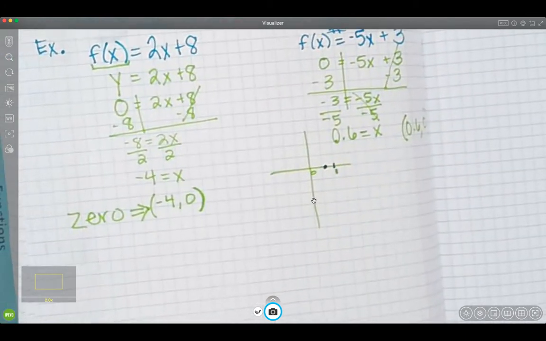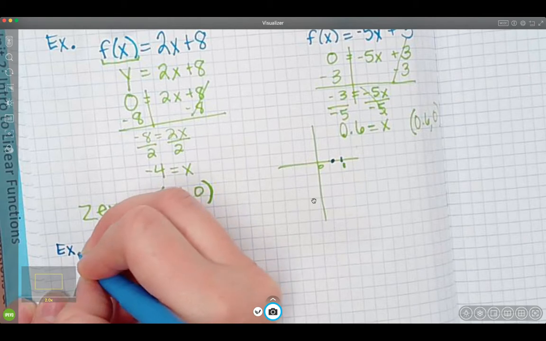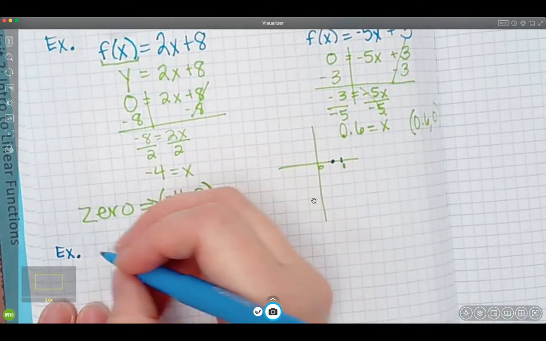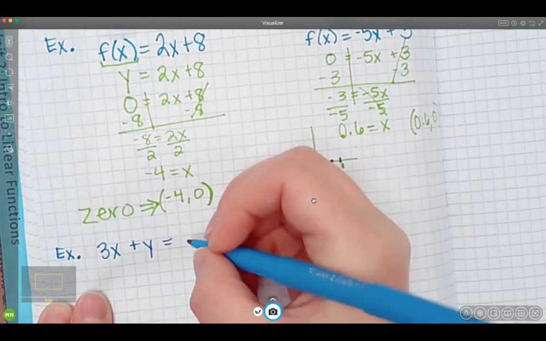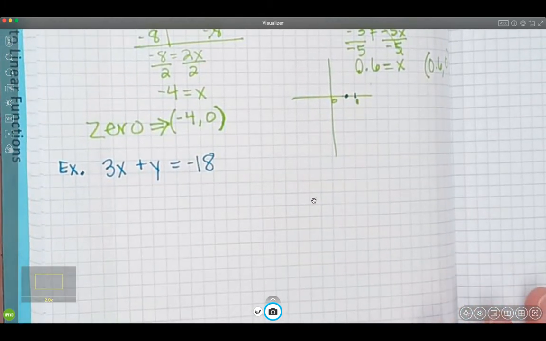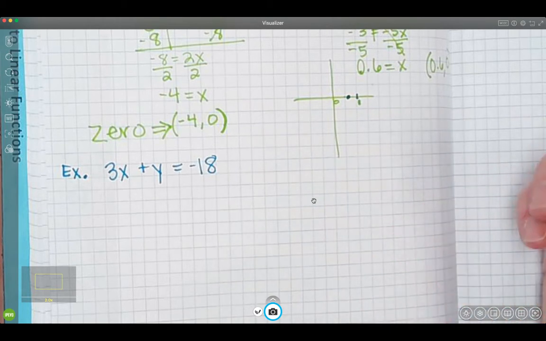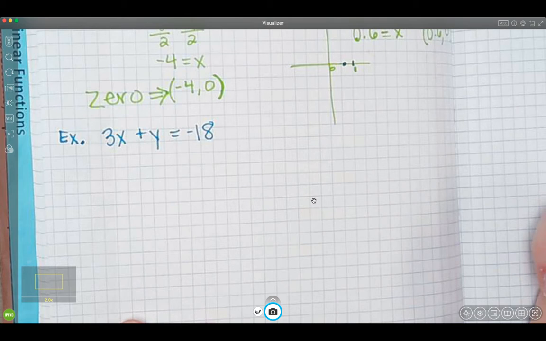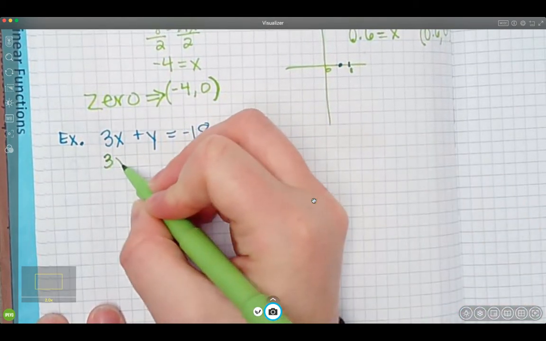Okay, let's do an example whenever we have standard form. 3x plus y equals negative 18. So we're finding the zero, so all we're finding is the x-intercept. So do y'all remember how to find the x-intercept? Put in 0 for which one?